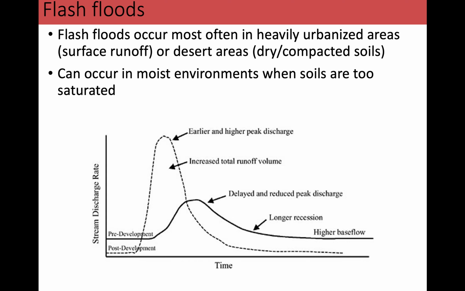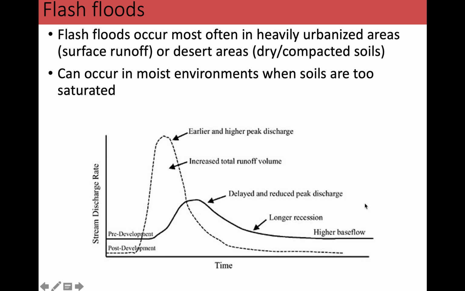It can happen also in moist environments if the soil is too saturated. So flash floods can occur in areas that generally get a lot of rain if the soil is already at max capacity. If it's already completely saturated, it can't absorb any more water, and then they get another storm, all of that water will run off on the surface into the stream channels and then overflow the banks.